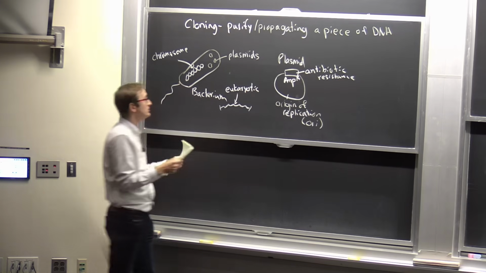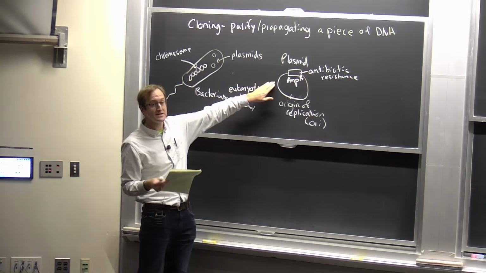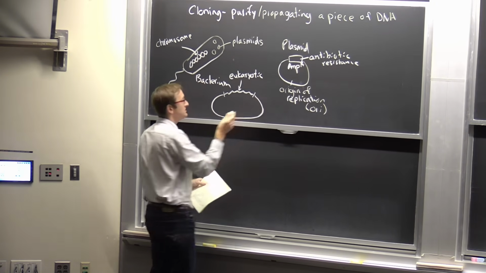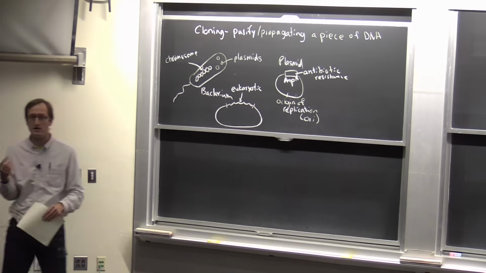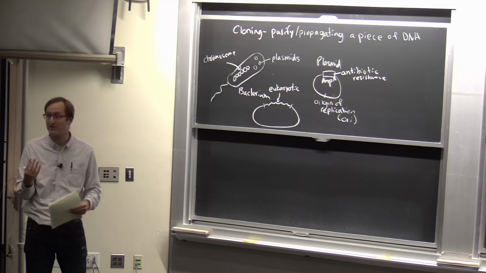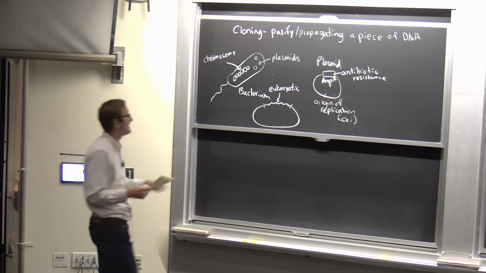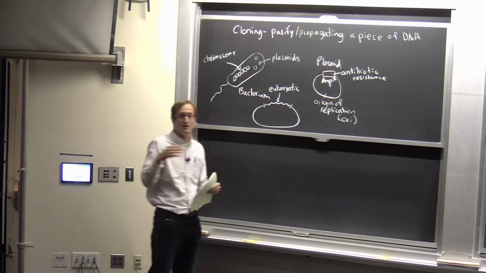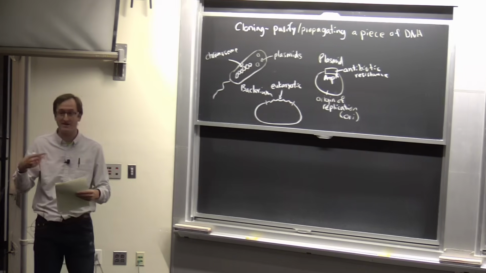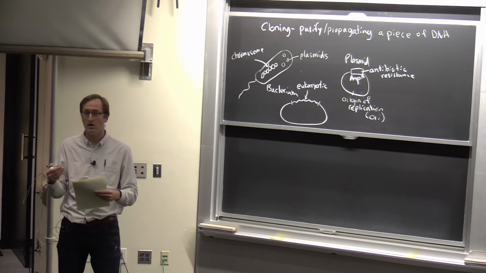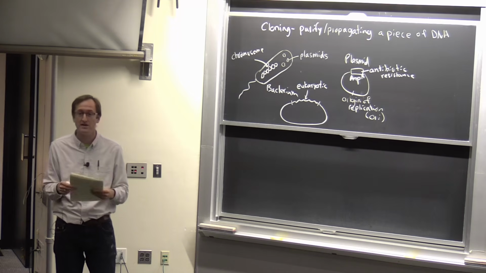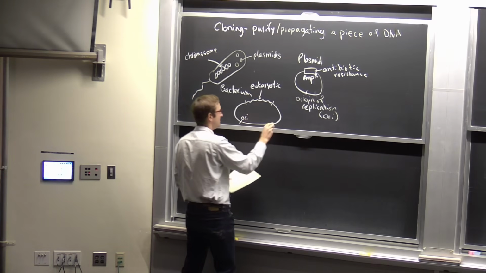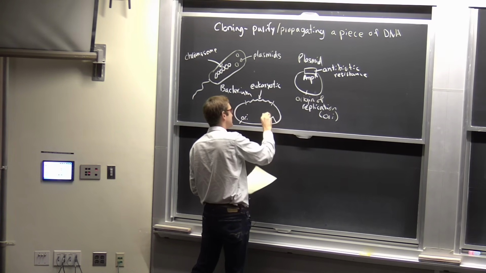We could take a piece of eukaryotic DNA and insert it inside of this plasmid, and we can basically use the plasmid as a platform or a vector to carry the piece of DNA that we might be interested in, and to use the bacteria to replicate that DNA and pass it on to its descendants, so that you essentially have a clone of bacteria and a clone of this DNA in a given bacterial population. So again, this would have an origin and maybe an ampicillin resistance to it.